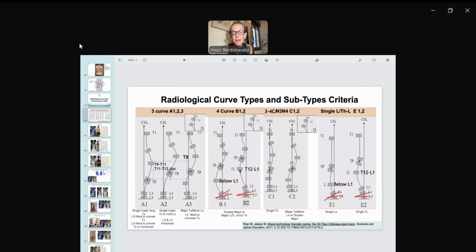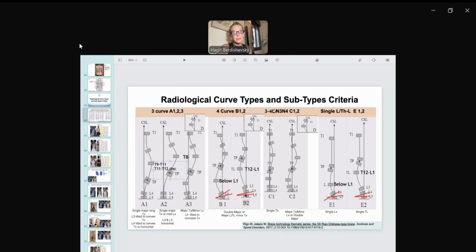In 4C, if the apex is between T12, including T12, to L1, including L1, and the disc between them, then it is called a B2 type, meaning the curves are higher. The lumbar curve is higher. It's actually a thoracolumbar curve. And then it will have a higher thoracic curve. You can see the apex here is higher than on the left side, the B1. So this curve type basically is higher.